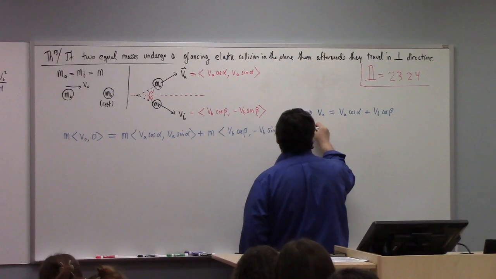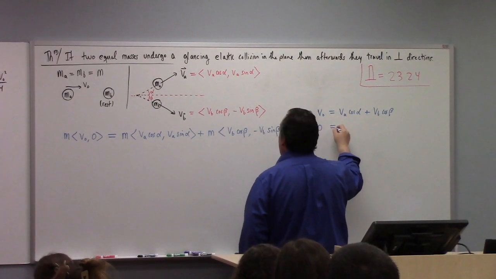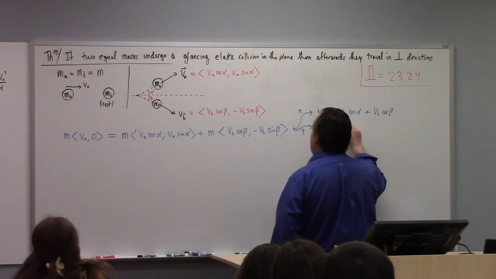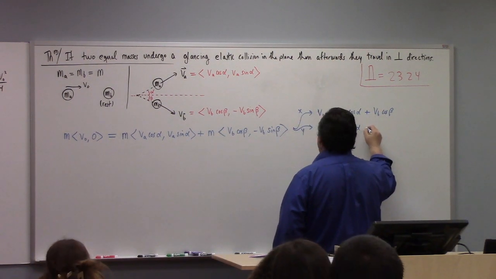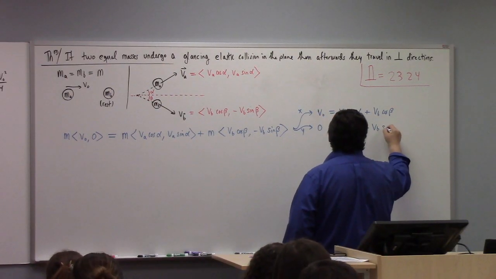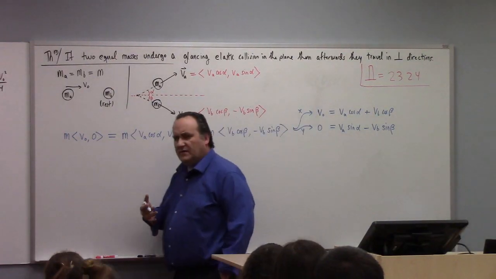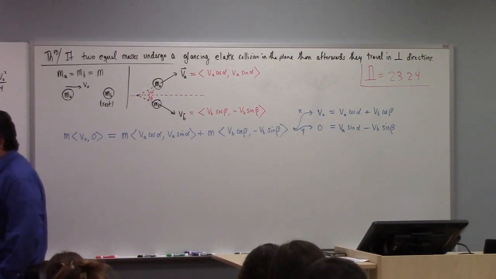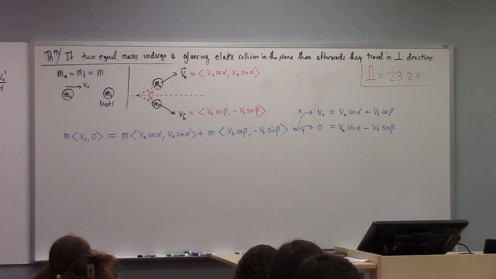And from the y component, we've got 0 is equal to VA sine alpha minus VB sine beta. So far, everything I wrote would be true whether or not the collision was elastic. This equation is generally true for a collision of this nature.